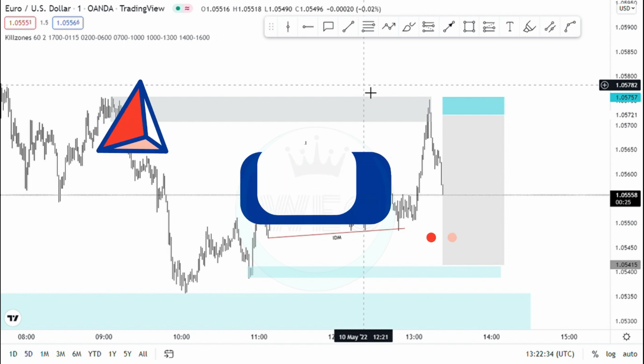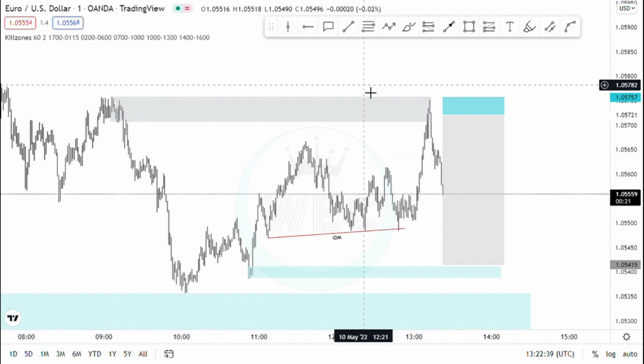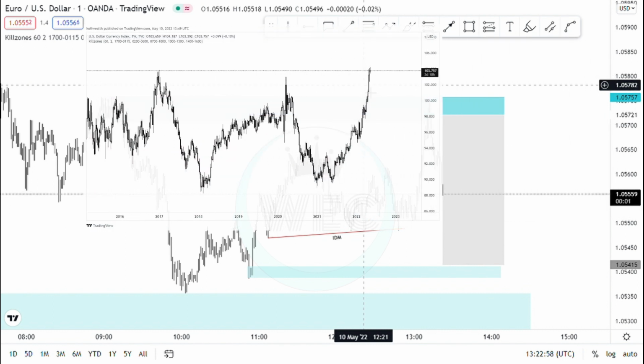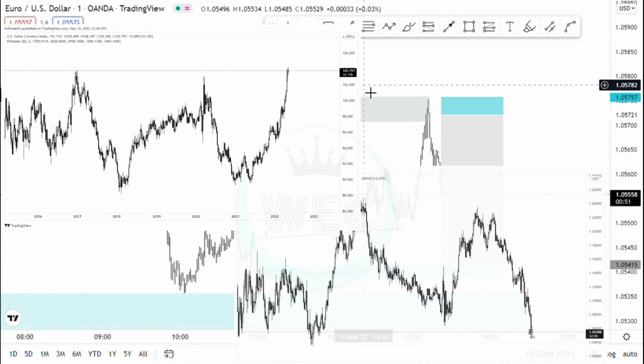So the first thing that I did that made me better at trading smart money was that I decided to focus on just one pair. And that pair was EURUSD. The reason why I chose EURUSD is that there is an instrument called DXY, and that instrument tells the strength of the dollar, and EURUSD is just the inverse of the DXY.